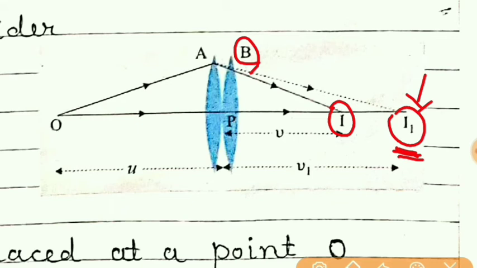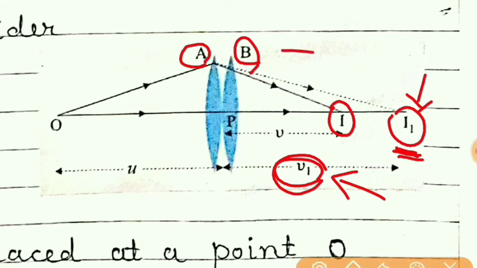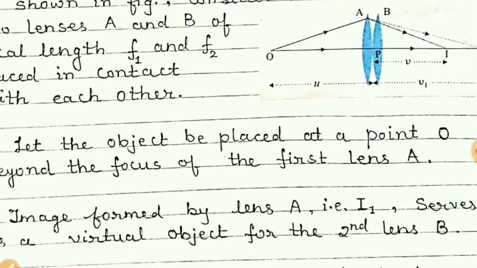Due to the first lens, that is lens A, the image distance will be V1, and this image distance becomes the object distance for this second lens B, and finally we'll get the final image distance. So students, it is quite simple.